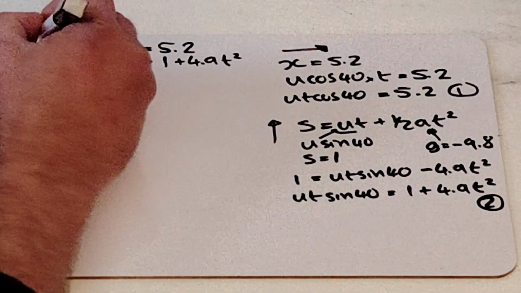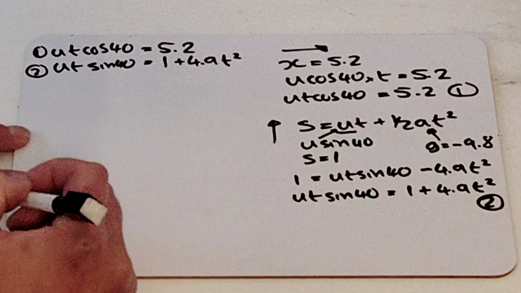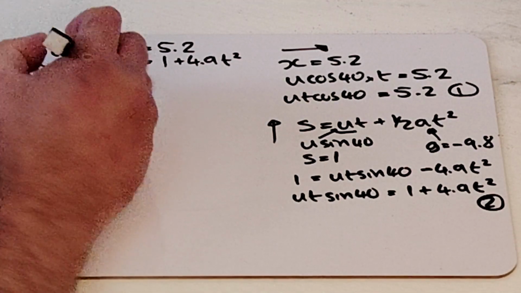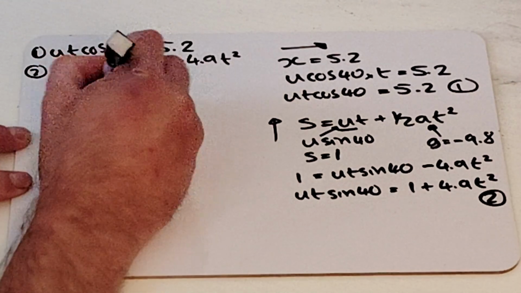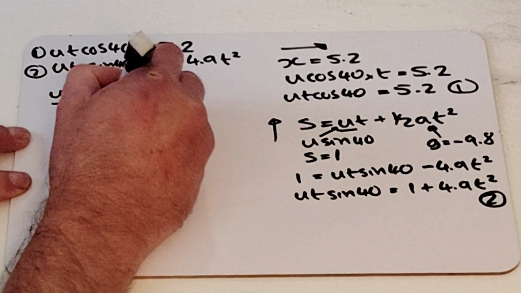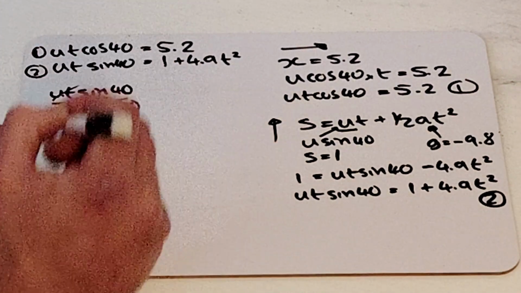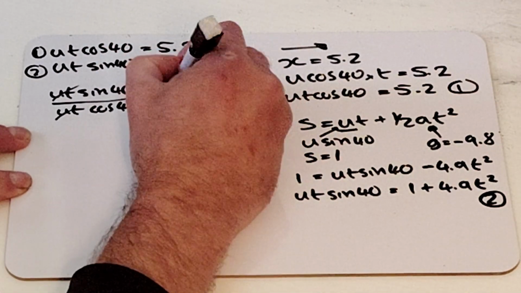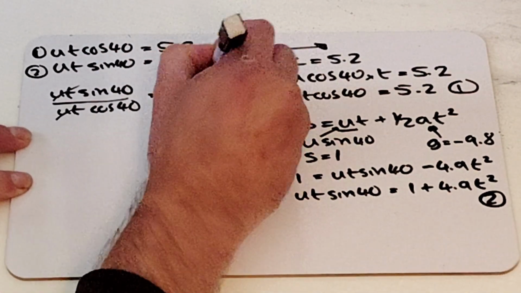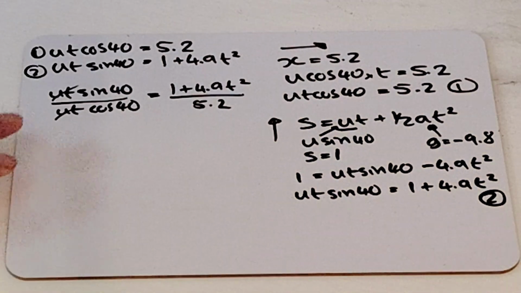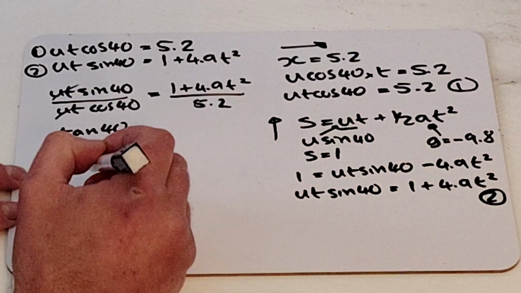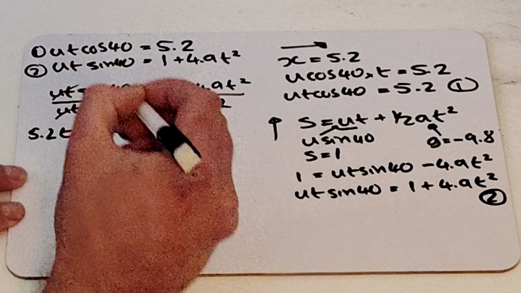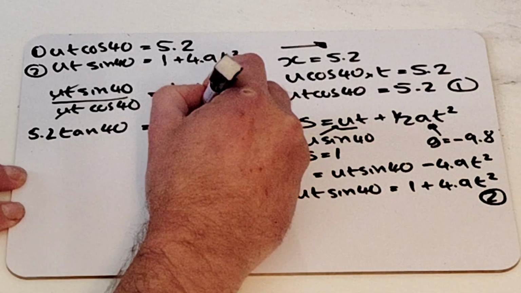We can divide our second equation by our first equation, and we end up with ut sine 40 over ut cos 40. You'll notice that the ut's will cancel, and I end up with 1 plus 4.9 t squared all over 5.2. Now, you should know that sine 40 divided by cos 40 is equivalent to tan 40. Okay, I'm going to multiply both sides by 5.2, and that becomes equal to 1 plus 4.9 t squared.